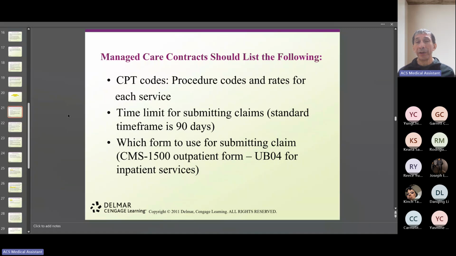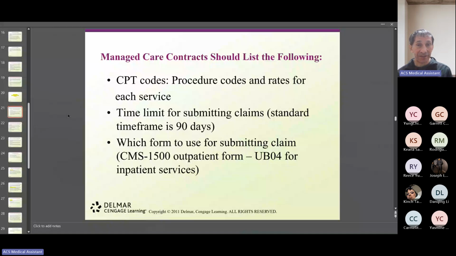Now, we have a time limit to submit those claims. Well, think about it. Your medical doctor is not going to wait, because usually it takes 30 days for us to get reimbursed if we were lucky. If we have a commercial or private insurance, we get paid prior to 30 days.